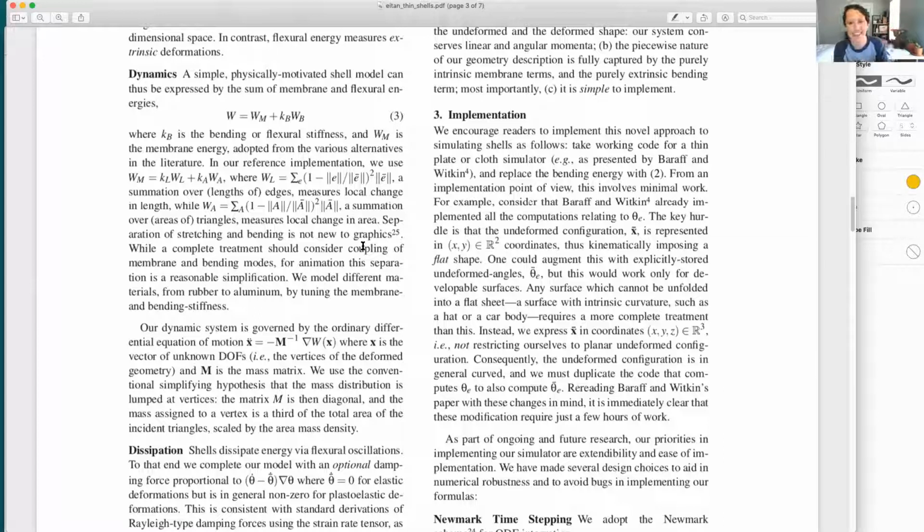There are tons and tons of really cool results in really different areas of computer graphics that use the exact same setup, and it's all enabled by having well thought out discretizations at the very beginning of the formulation of the problem. So yeah, I think that's all I wanted to say about that.